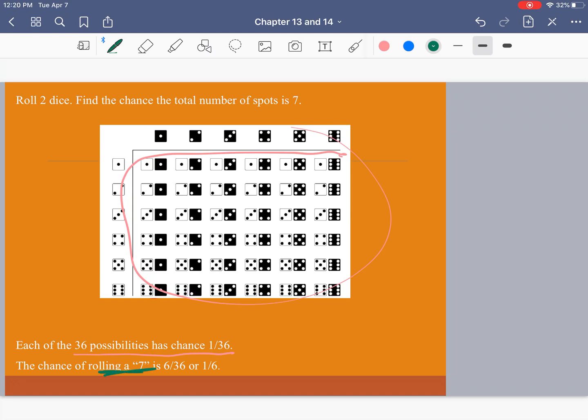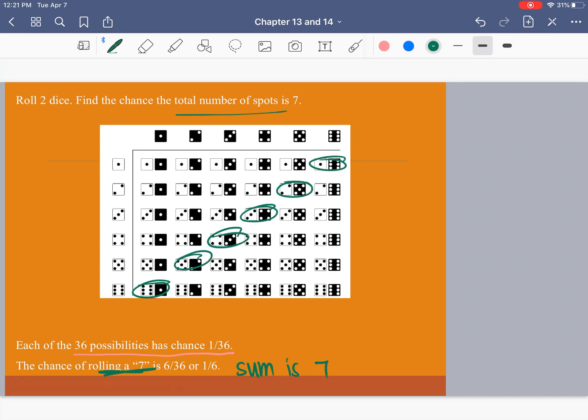So let's say I want to know the chance of rolling a 7. Well, let's just look. What it's saying is the sum of the 2 die is 7. So the total number of spots is 7. So looking at this, I'm just looking for any 2 die that add up to 7. 6 and 1 adds to 7. 5 and 2, 3 and 4, 3 and 4, 2 and 5, 1 and 6.